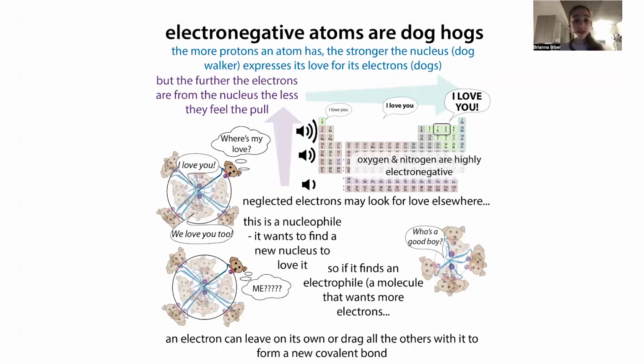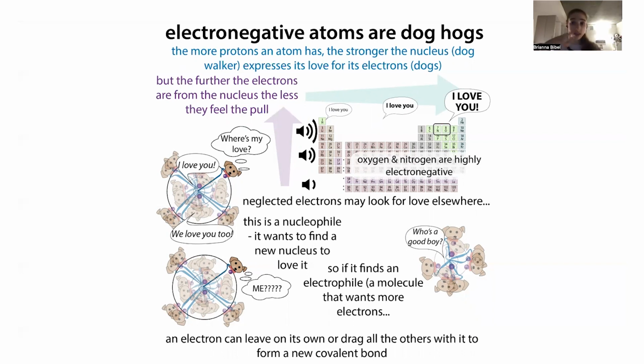So what happens if you have atoms that are shared in a covalent bond? You have electrons that are shared in covalent bonds between different atoms. When you have those merged electron clouds, it's not like the electrons know, oh yeah, I belong with that oxygen, or oh yeah, I belong with that hydrogen.